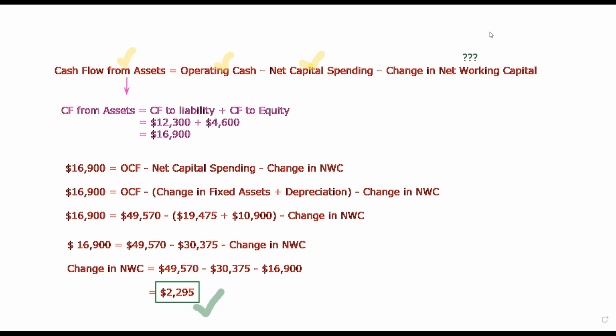Yeah, net capital spending, the formula is this one: change in fixed assets plus depreciation. This one over here, I put it here already. Okay, so these are the tutorial questions for your topic 2.